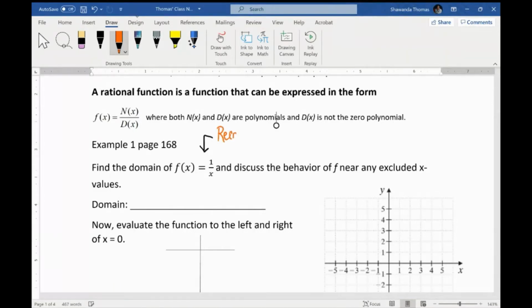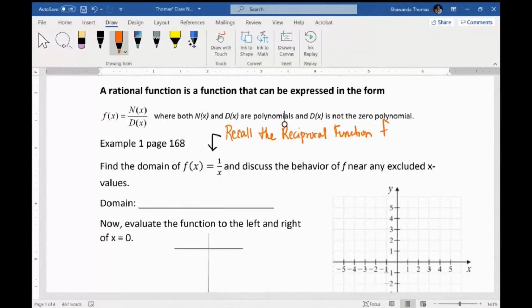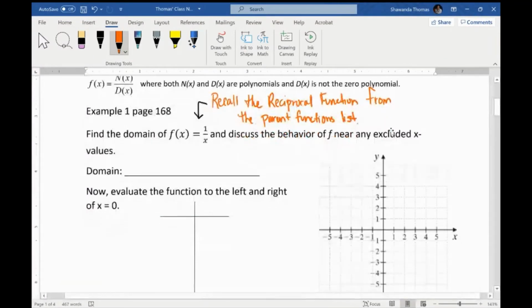Recall the reciprocal function from the parent functions list. So what we're going to do today is look at these types of functions a little bit more in depth, like how does it get its shape and all that.